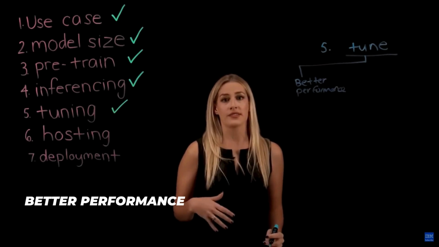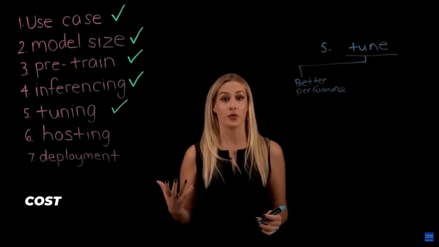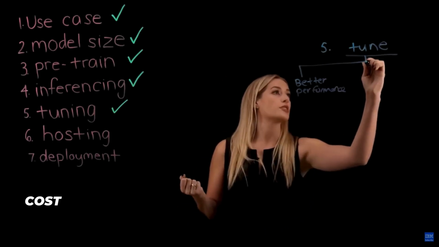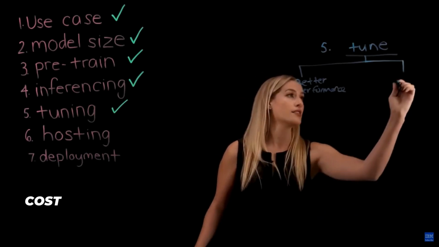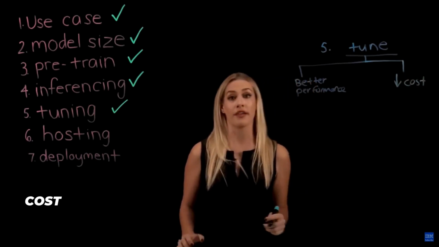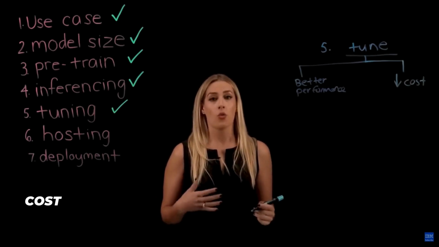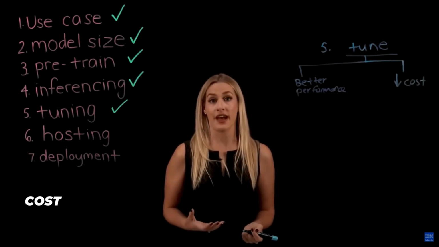When we do this, we see that you can actually optimize it by bringing in your own data. The other option for tuning may be to evaluate whether or not you can lower the cost at scale by deploying a smaller model than maybe what you initially used.